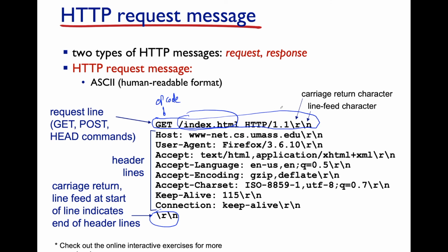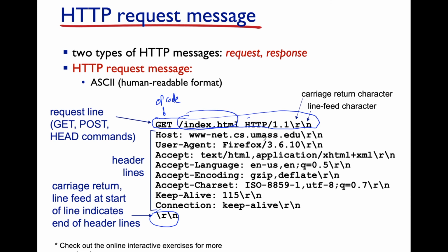Now, next is some bookkeeping information about which version of HTTP the client supports. And so this says HTTP version 1.1 because they need to come to an understanding of what the expected behaviors are on both endpoints or both parties in this interaction. And you notice here each line is ended with a carriage return line feed character, \r\n.